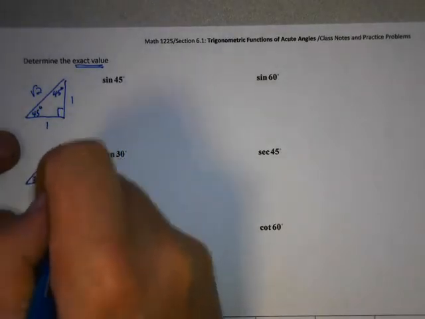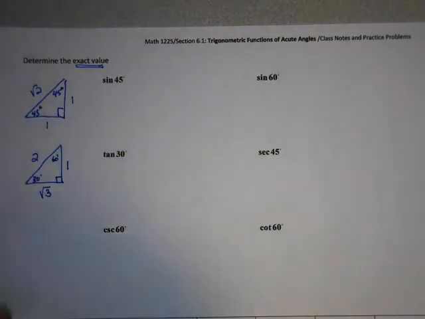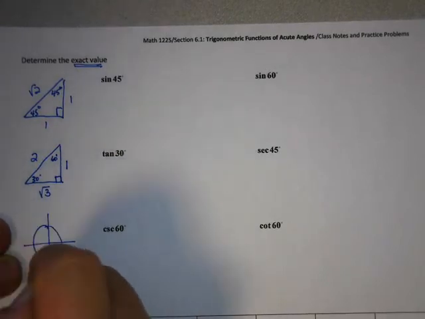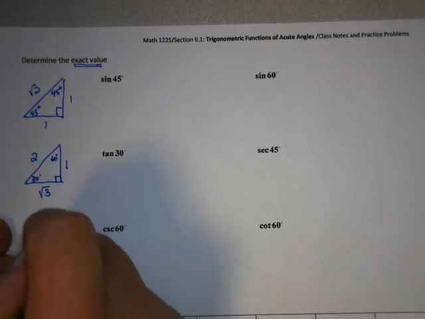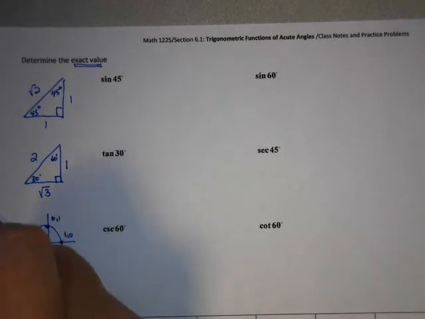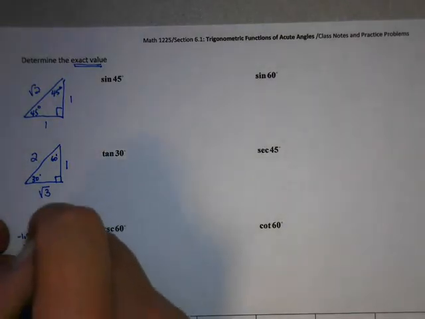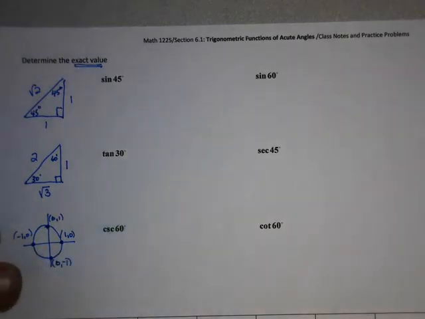Opposite 30 is 1, opposite 60 is square root of 3, and the hypotenuse is 2. Or we're going to have our unit circle, because if it's a quadrantal angle, it's (1, 0), (0, 1), (negative 1, 0), and (0, negative 1), depending on where it falls.